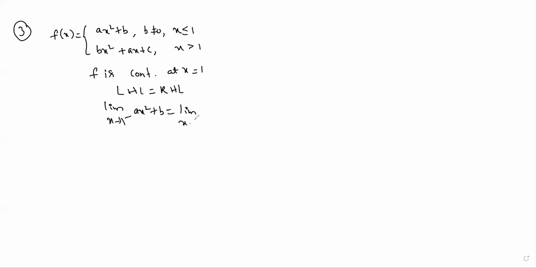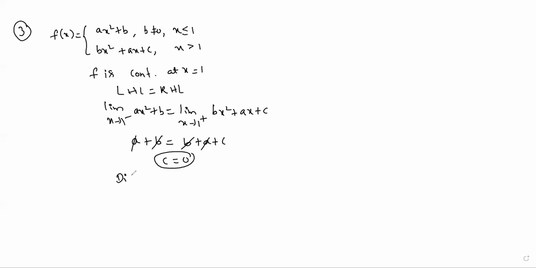RHL, limit x tends to 1 plus, x greater than 1, what is the function present? b x square plus a x plus c. Now substitute the x value 1 in that: a into 1, a plus b, is equal to, here also substitute 1, b into 1 square, b plus a plus c. Now in this, b cancels, a also cancels. From this, we get the c value clearly as 0.